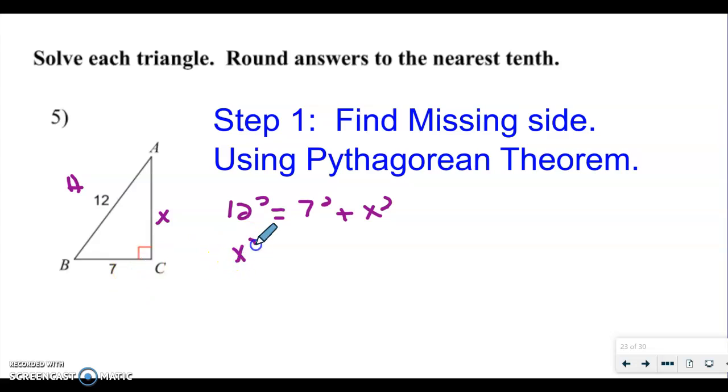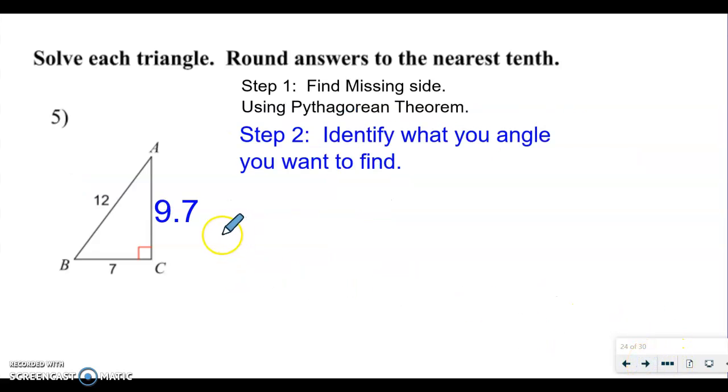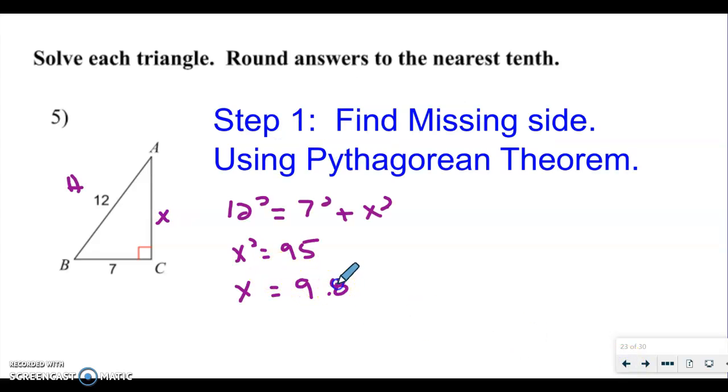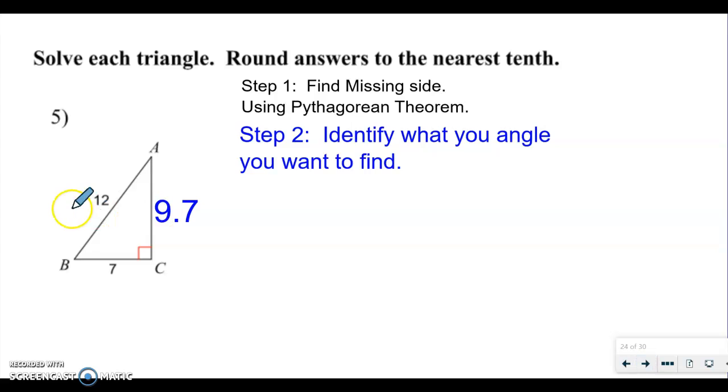And we'll get x squared to equal 95, which is 9.7. I read something wrong. 9.7, okay. All right, so we found out that this side is 9.7.